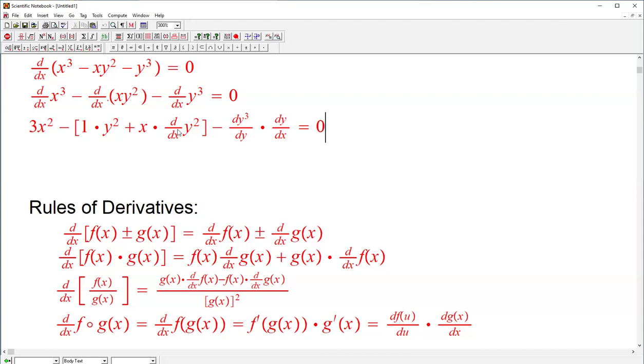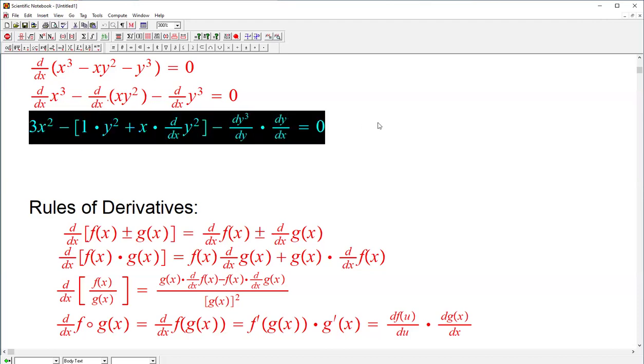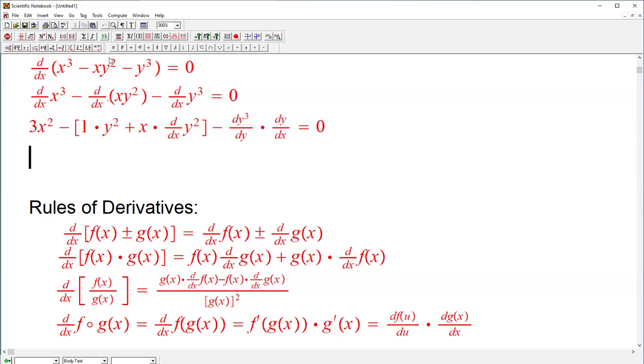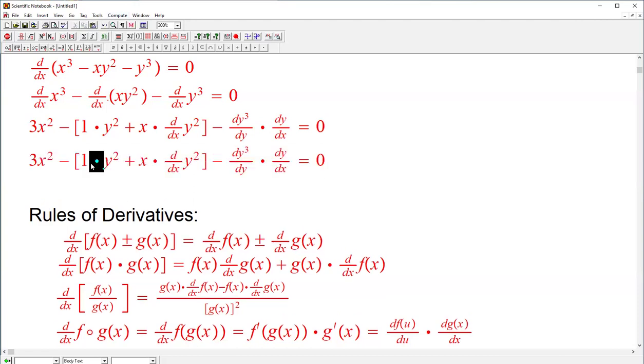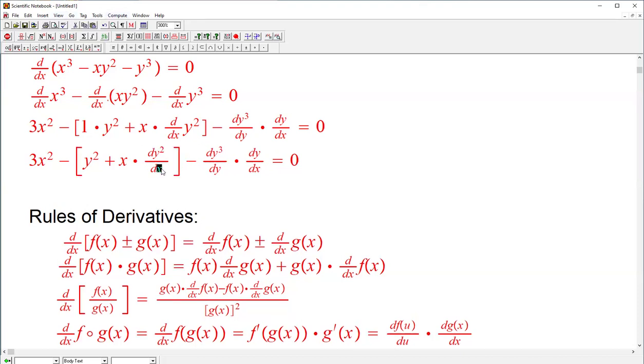On this piece, we can also apply the chain rule. I'll write another step. The next step: 1 times y squared is y squared, so this is going to be the derivative of y squared with respect to dy, multiplied, applying the chain rule, by dy dx.